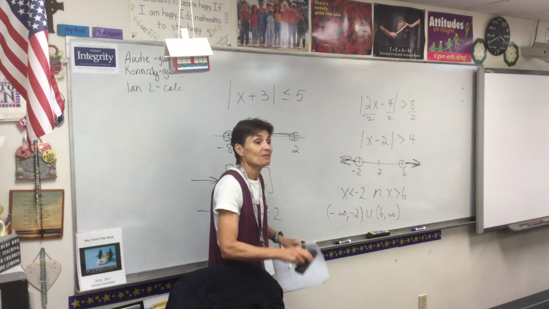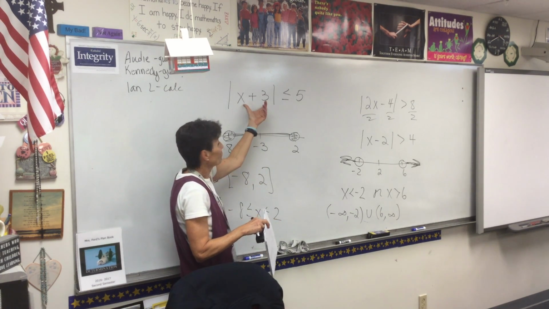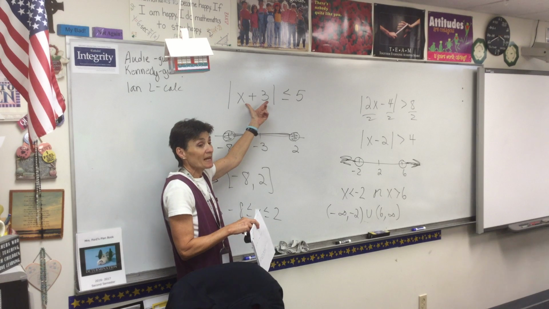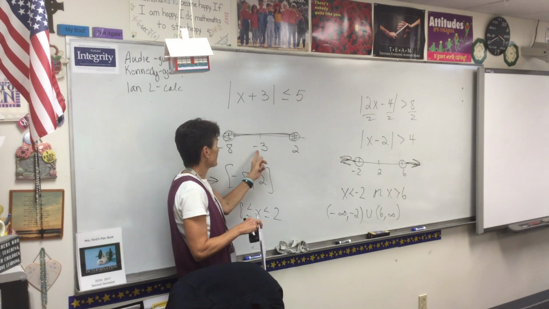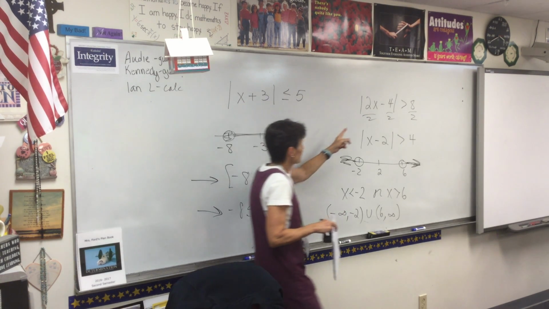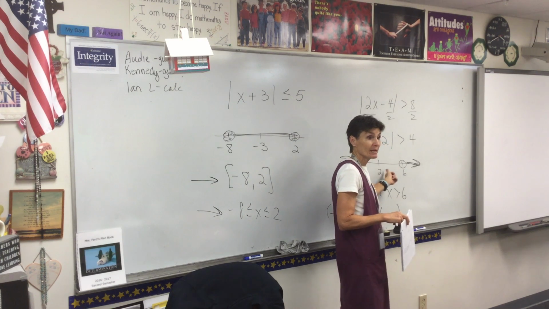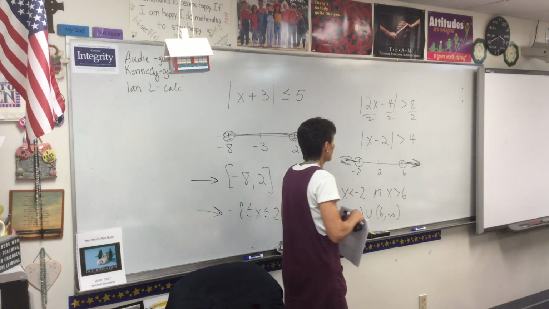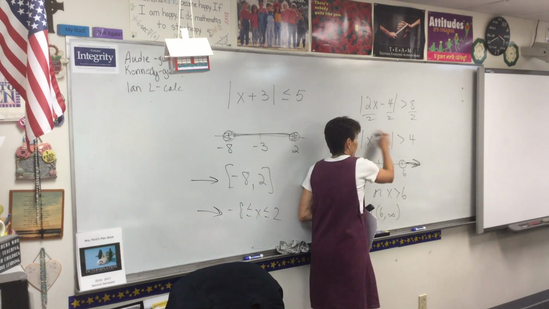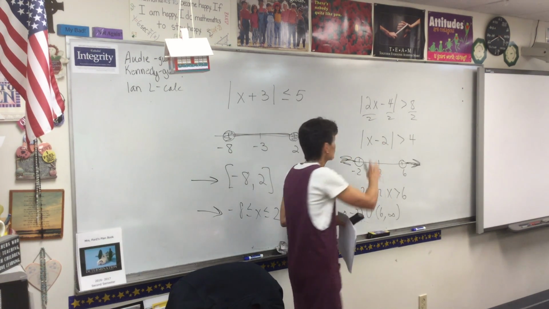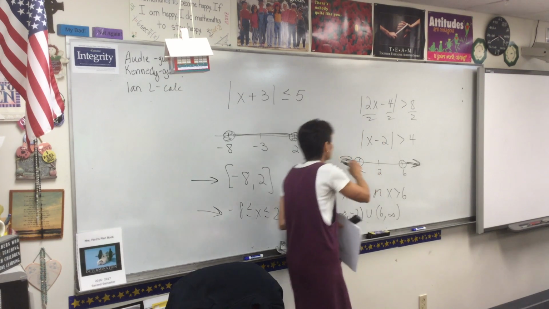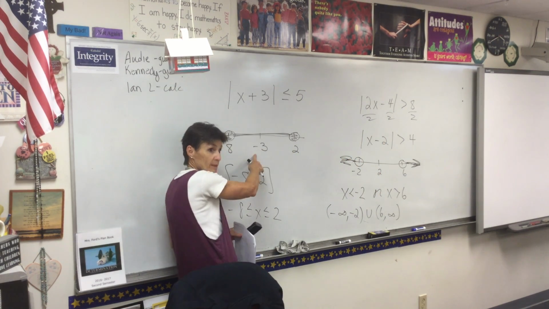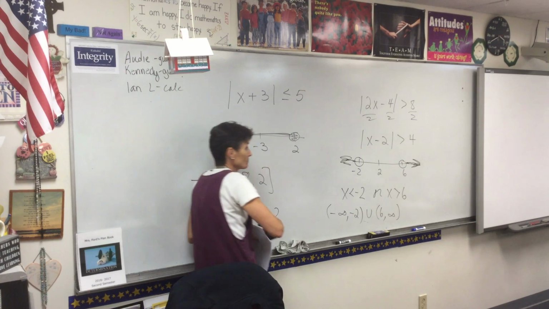Yes, we put it at the opposite of what's in here. So if that's x plus 3, we end up putting it at negative 3. If this is x minus 2, we end up putting it at positive 2. Whatever would make this 0, that's where you put the number. So 2 minus 2, I'm putting it at 2. Negative 3 plus 3, I'm putting it at negative 3.